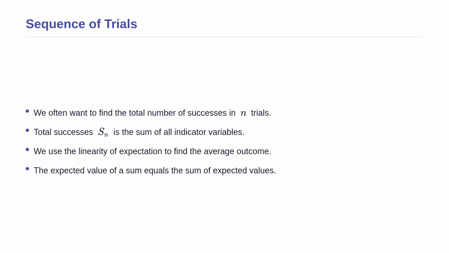Because each switch only adds a 1 when a success happens, adding them all together perfectly counts the total successes across the entire sequence. To find the average outcome, if we repeated this sequence millions of times, we use a powerful rule called the linearity of expectation. This rule tells us that the expected value of a sum is always equal to the sum of the individual expected values, even if the probabilities change every time.